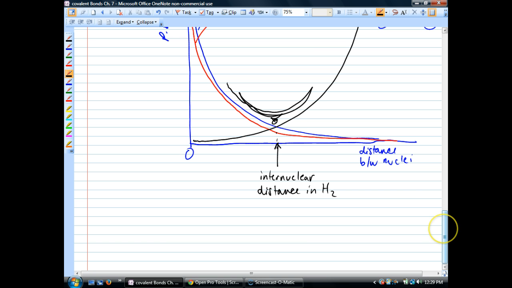And it turns out that bonds are always pairs of electrons. They're always pairs. One pair is a single bond.